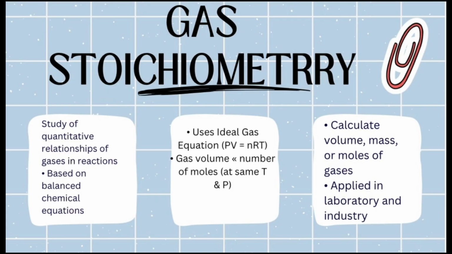At the same temperature and pressure, the volume of a gas is directly proportional to the number of moles. Gas stoichiometry is commonly used to calculate the volume, mass, or number of moles of gases produced or consumed in a reaction, especially in laboratory experiments and industrial processes.